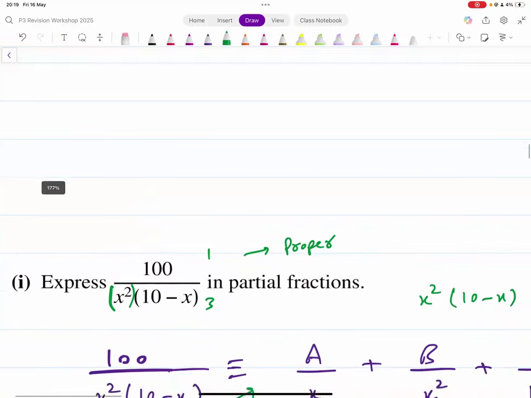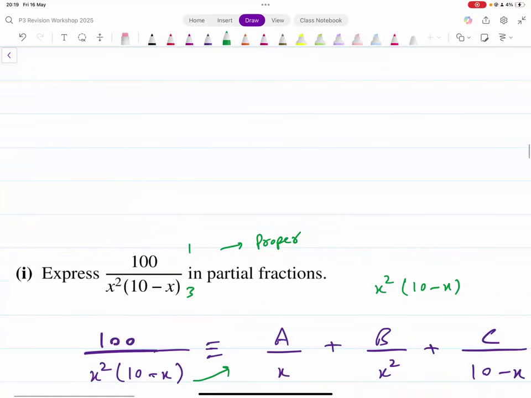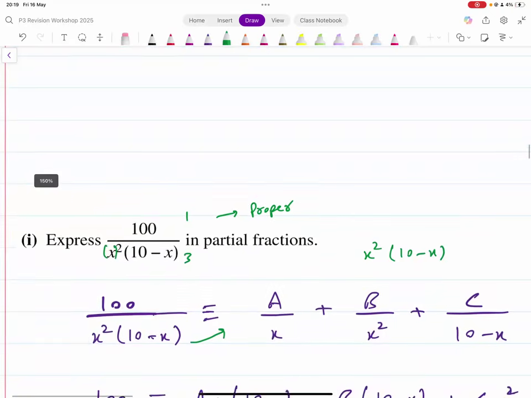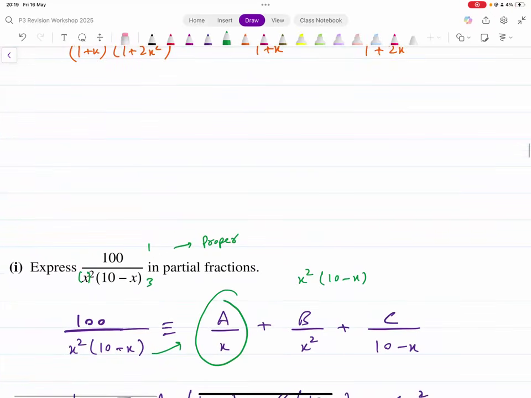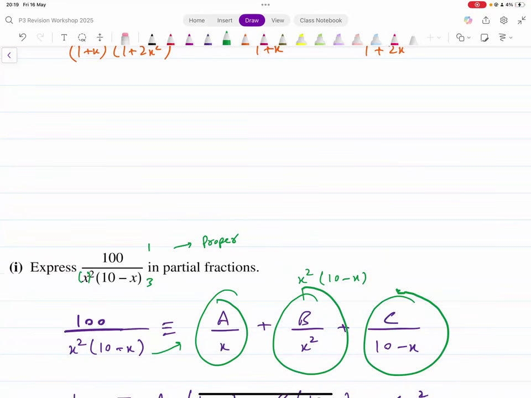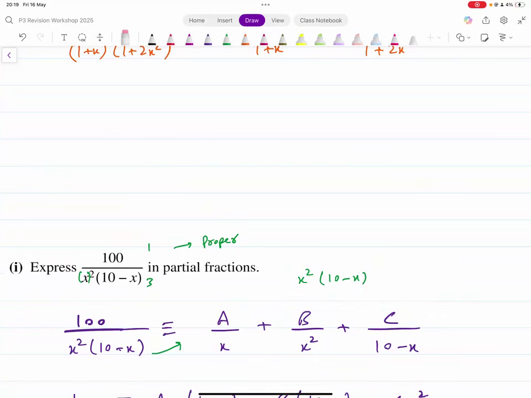If we treat it as repeated linear like this, then the form that we would get in that case would be A over x plus B over x squared plus C over 10 minus x. Okay, and that's a better way of writing this rather than treating this as a quadratic factor.